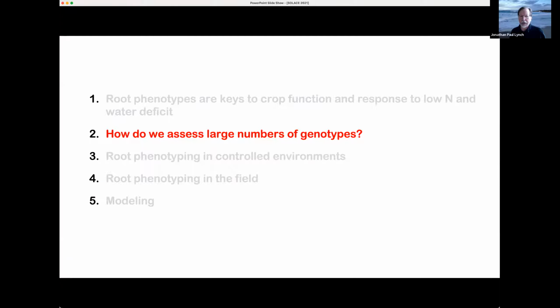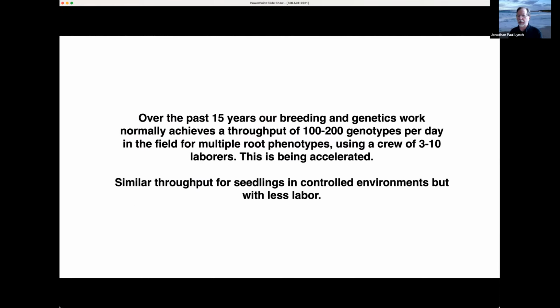The second point, how do we assess large numbers of genotypes? I'm just going to give you this one slide. Of course, the throughput of phenotyping is totally dependent on how you are phenotyping, what is your situation. But I can say that over the past 15 years, in our own breeding and genetics work, we normally achieve between 100 and 200 genotypes per day in the field for multiple root phenotypes using a crew of 3 to 10 laborers, and these are generally unskilled laborers.